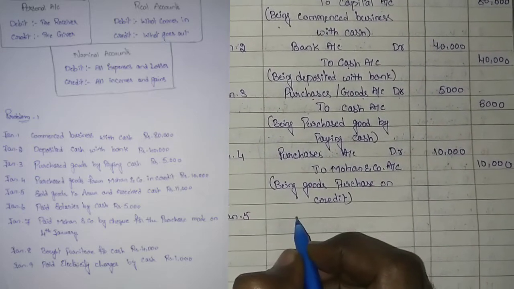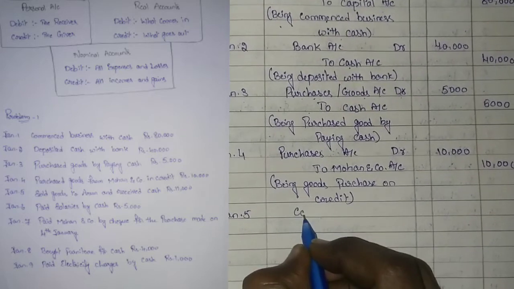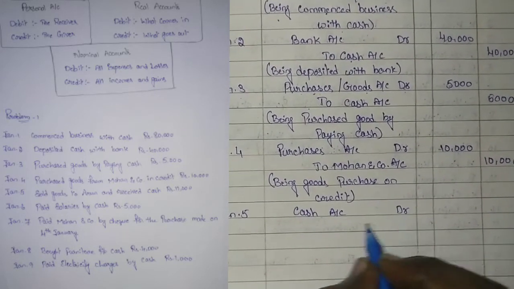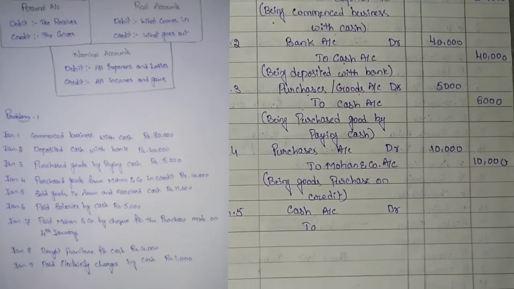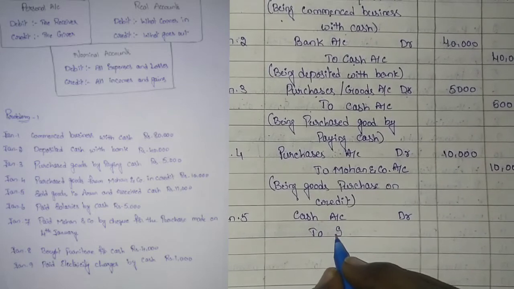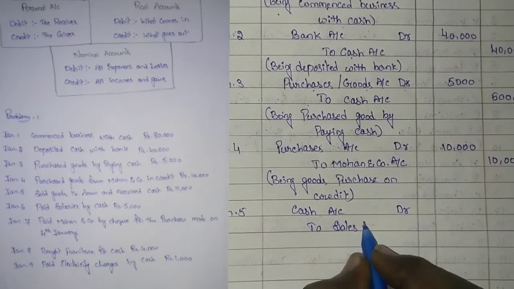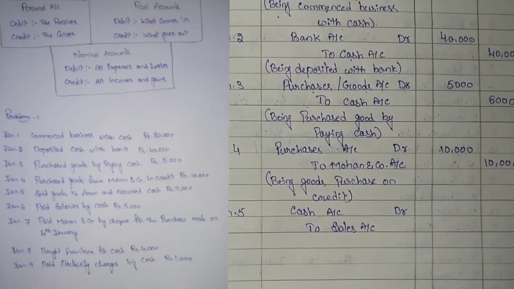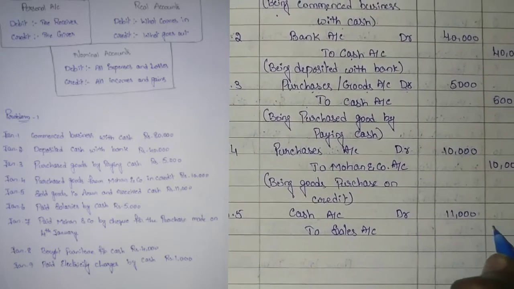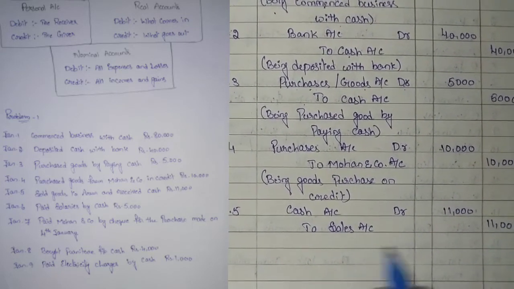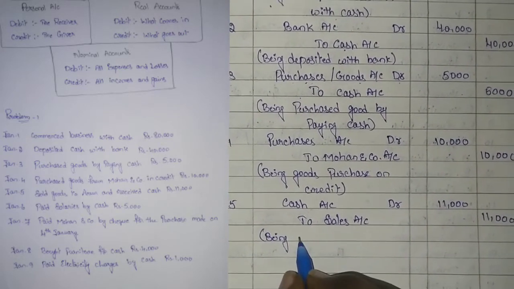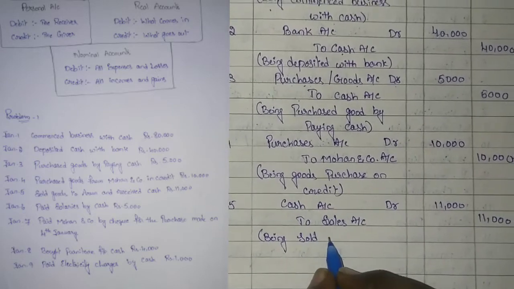So according to real account, debit what comes in. So we are getting cash. So cash account debitor to sales account, and the amount is 11,000. And the narration being sold goods for cash.